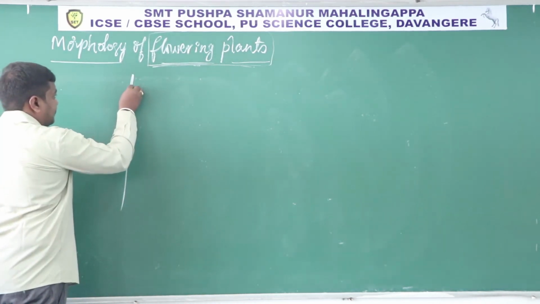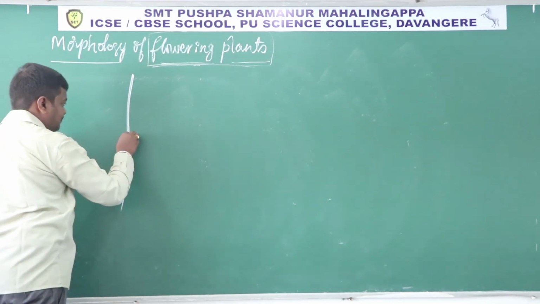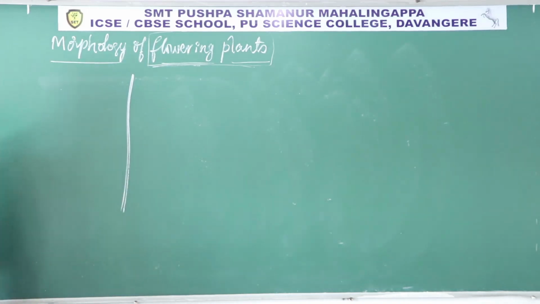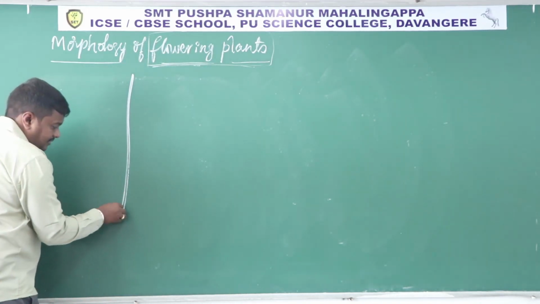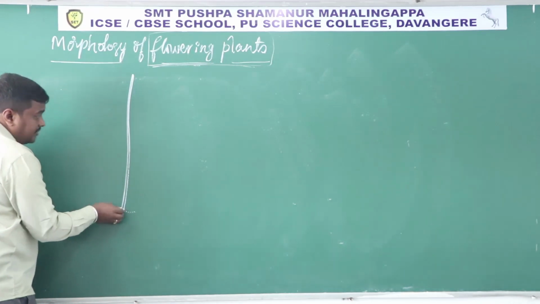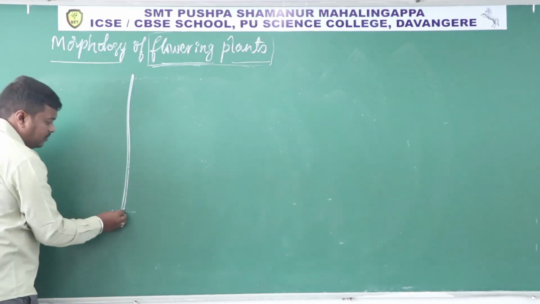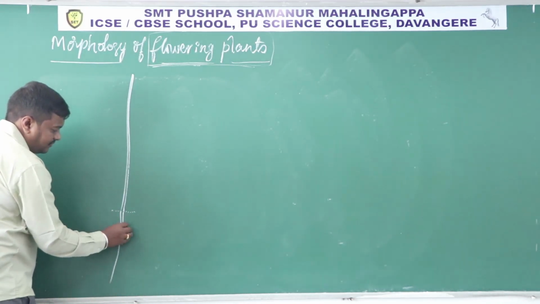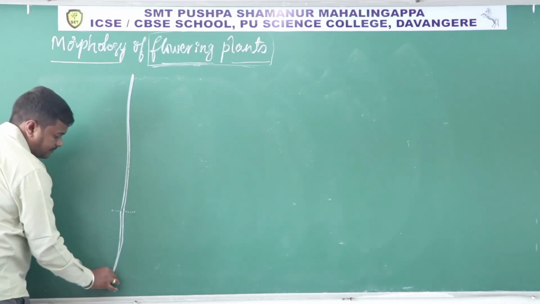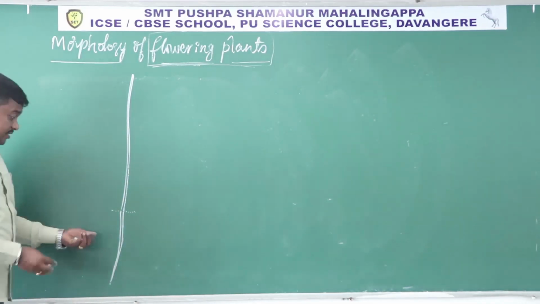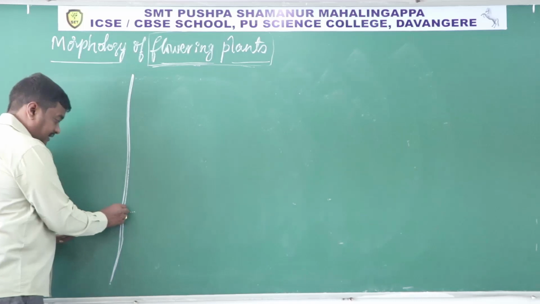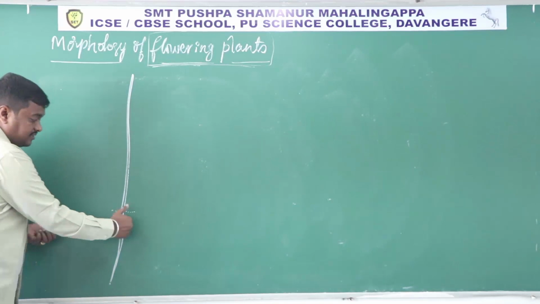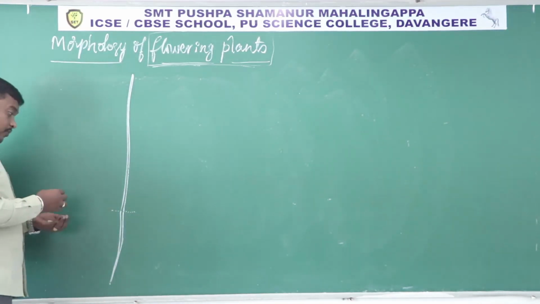If it is considered as a stem, okay, so this is a stem. Let me take this as the soil part. This is above the soil, and below the soil again you can observe the continuity of this structure. This structure is produced directly from that stem. I will explain later how these structures are different and how they are produced.